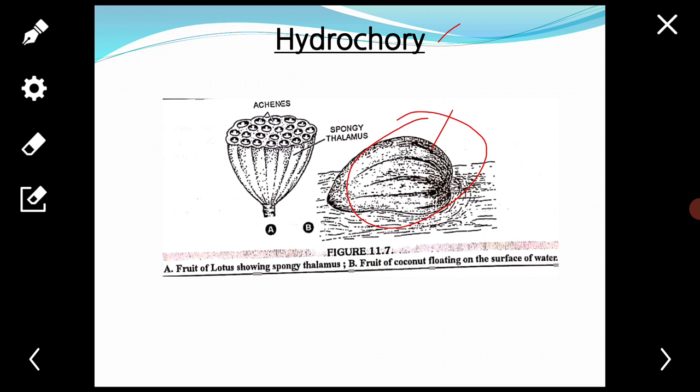In Nelumbium, means lotus, seeds are embedded in spongy thalamus, which floats in water and is carried to long distances by the water currents. In water lily, the seeds are small and light. They are provided with air-filled aril which keeps them floating in the water.